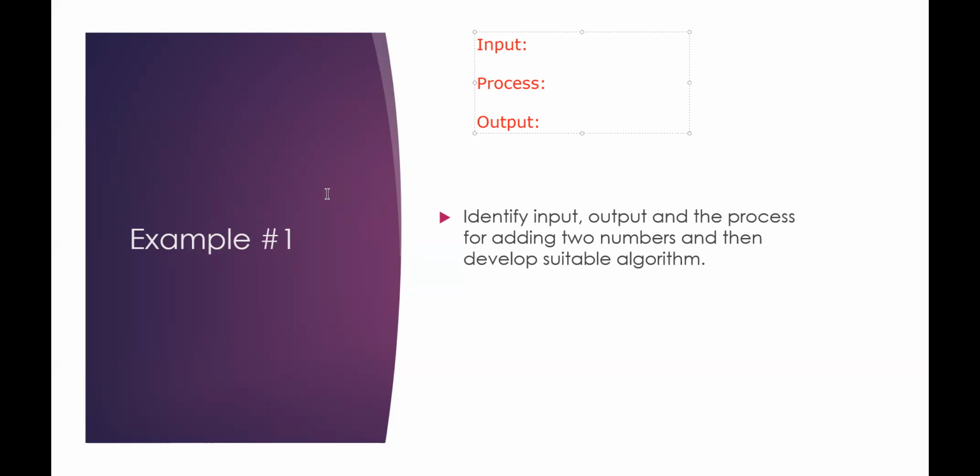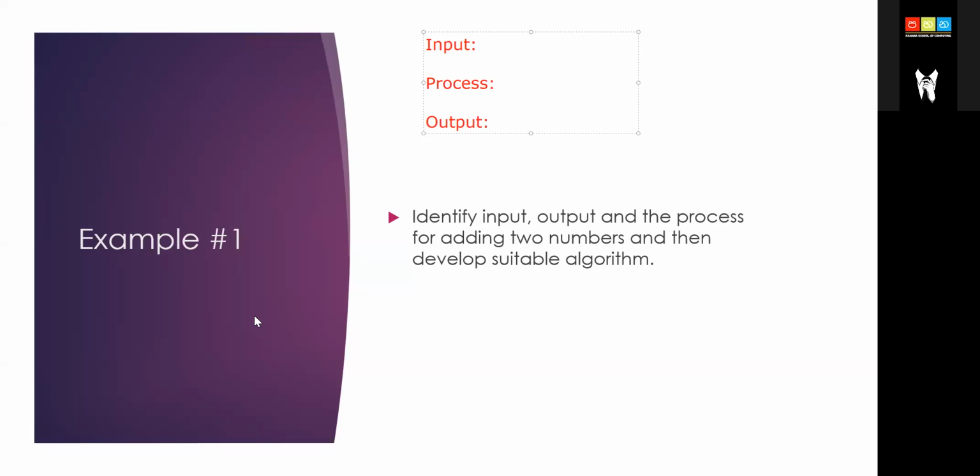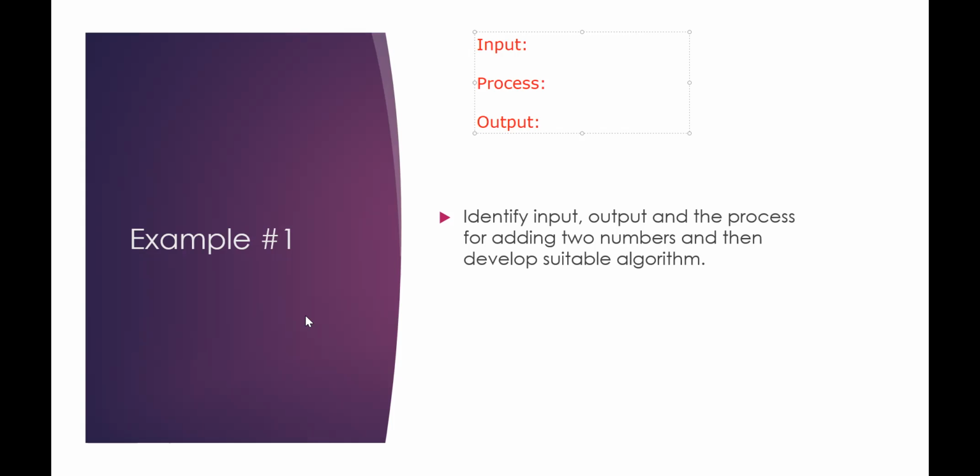Can one of you tell me what the input is? So our first example, example number 1, asks us to identify the input, output, and the process for adding two numbers.